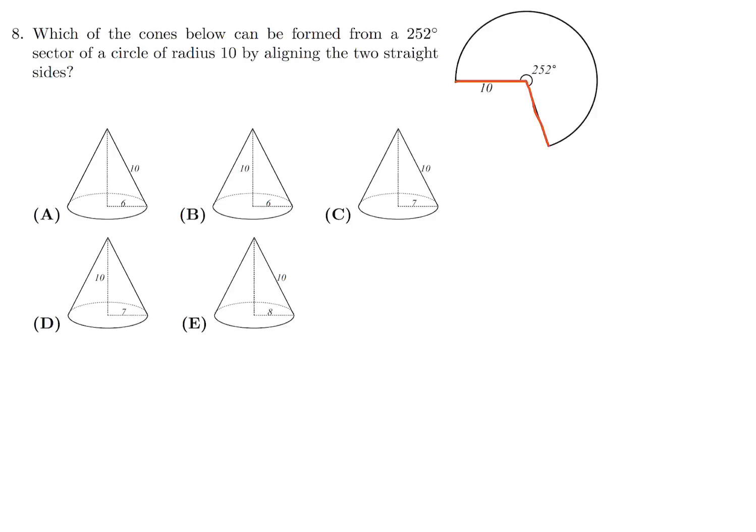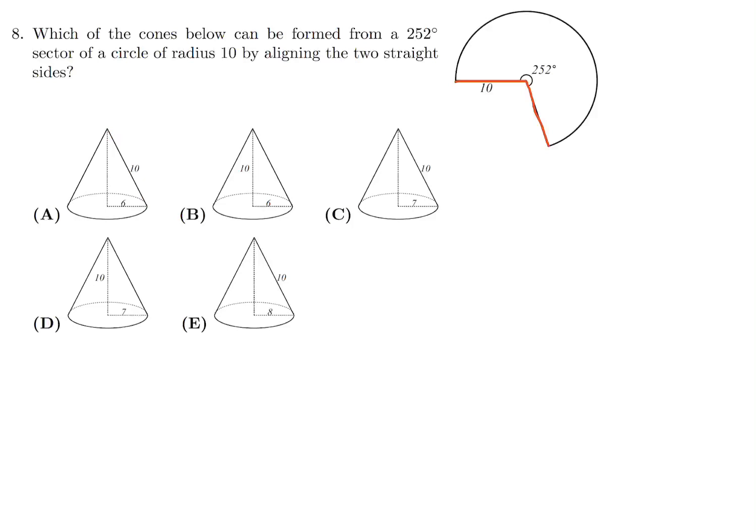So the first thing is to understand, if you were to join those 2 red lines that I drew, where on the cone are those 2 red lines? Think about it for a second. That is this part of the cone right here. Okay? I hope that makes sense to you. So right there, that part of the cone.